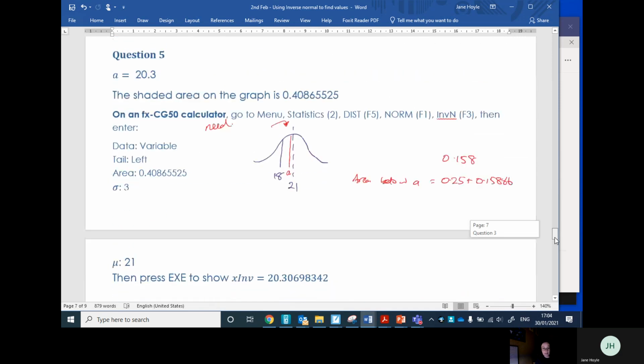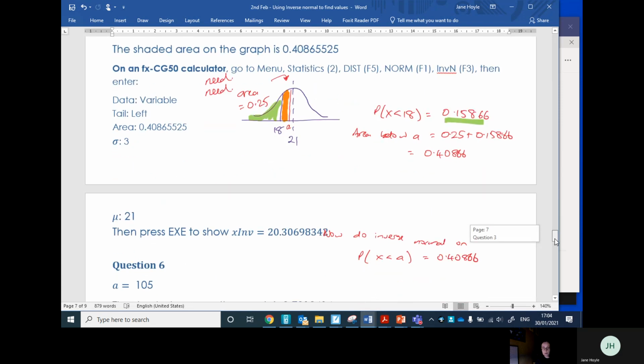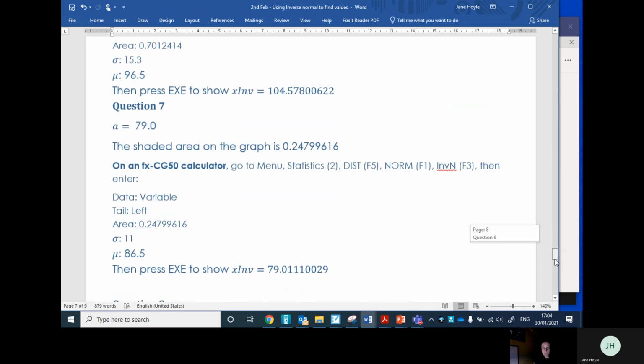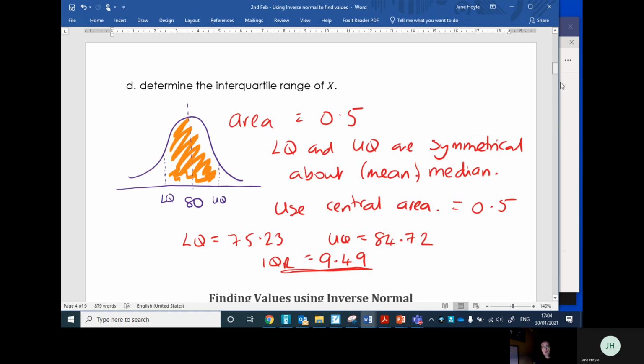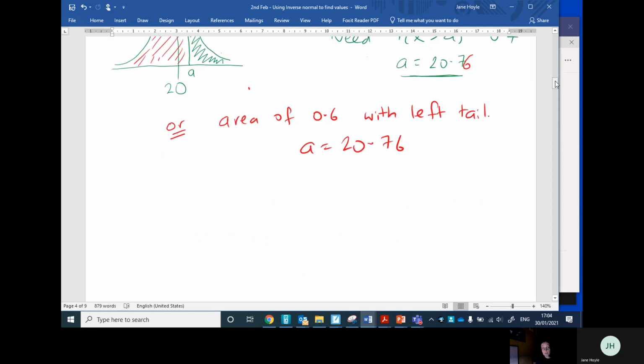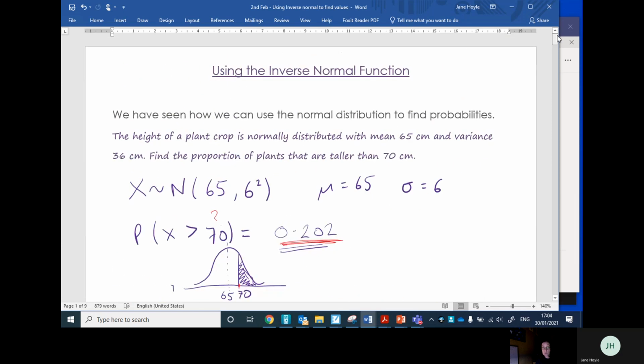Some have got the full calculator instructions, some have just got my scribblings and my diagrams there. Okay, but hopefully that is okay. Any problems, please get in touch. I won't set this as an official assignment, but of course we're going to be doing more complex things with normal distribution next week. So make sure you have completed all of yesterday's and today's questions, please.